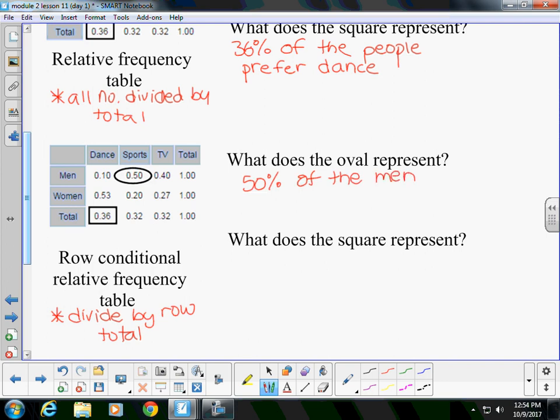Not comparing them to the women, it's just 50% of the men play sports. And the square, this one's still divided by the total down here, so this one's still the same thing as the one above it: 36% of the people prefer dance.